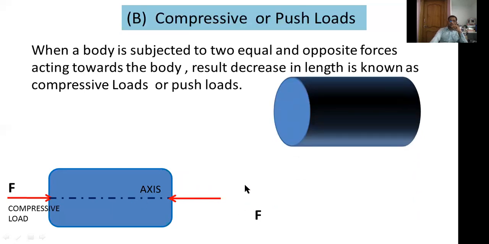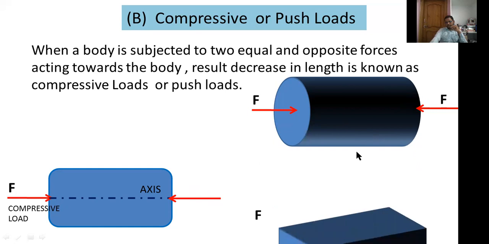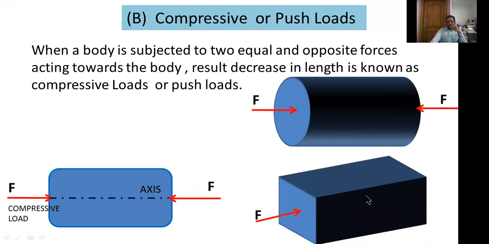This is a round bar; when two equal and opposite forces act towards the object, they are called compressive loads or push loads. These are the examples for compressive loads. Here the compressive loads act on a round circular bar. Here the compressive loads act on a rectangular bar.